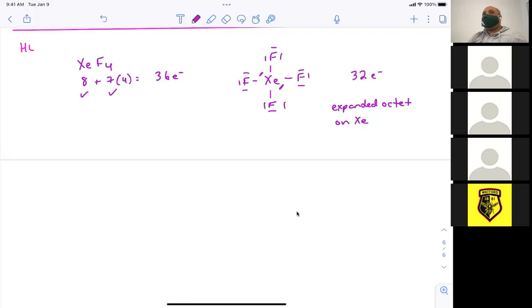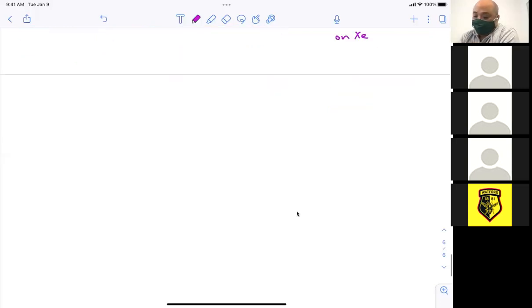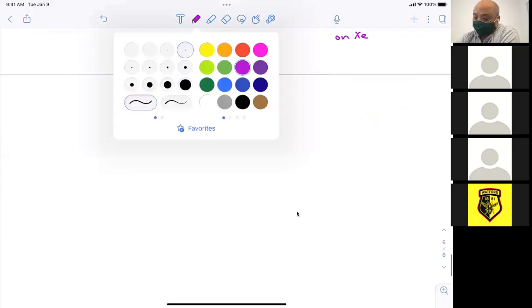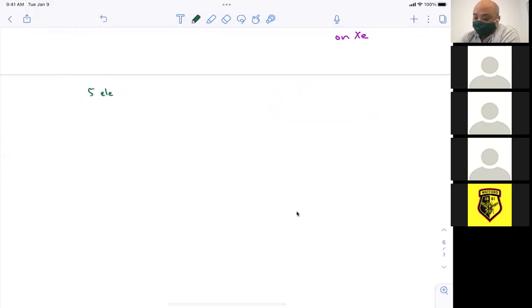So the idea is this: because you can have expanded octet, that introduces more shapes for us. And so what that introduces to us is 5 electron domains and 6 electron domains.